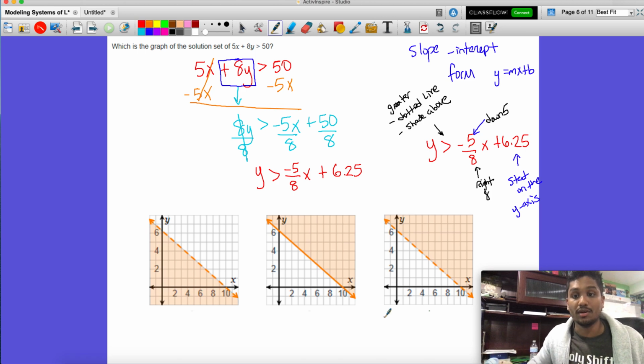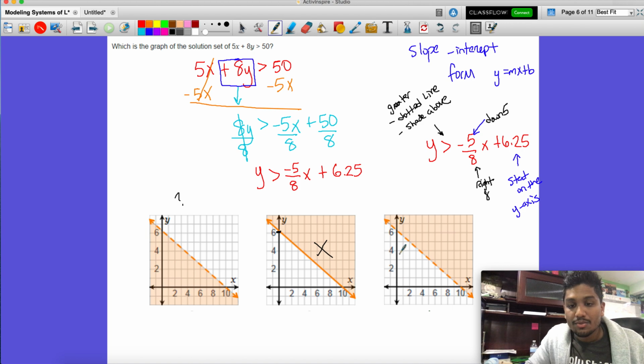Okay, so a lot of things going on. Let's first start here, 6.25. If you look at the graphs, you'll see that this is where 6 is, but the graph is a little bit higher, so this is a possibility. Let's go ahead and erase that. You'll see here it's exactly at 6, so this is not a possibility.